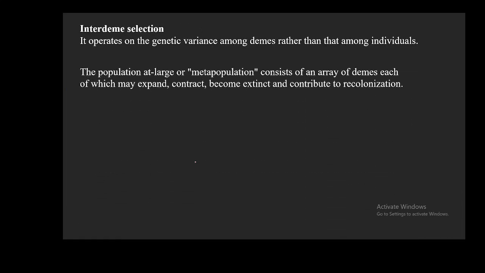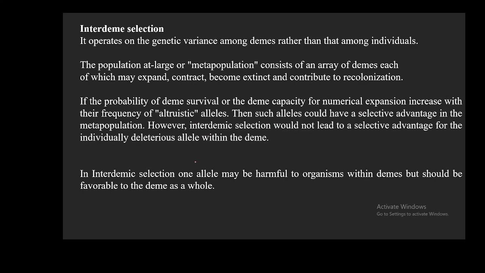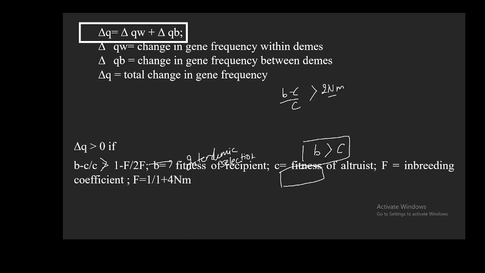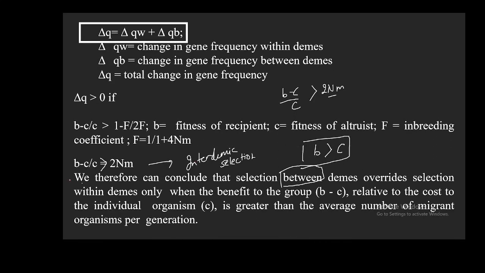Similarly, similar things will occur in the case of interdeme selection. Interdeme selection occurs whenever B minus C by C is higher than the average number of migrant organisms per generation, then nature will select that particular trait and that will lead to interdeme selection.